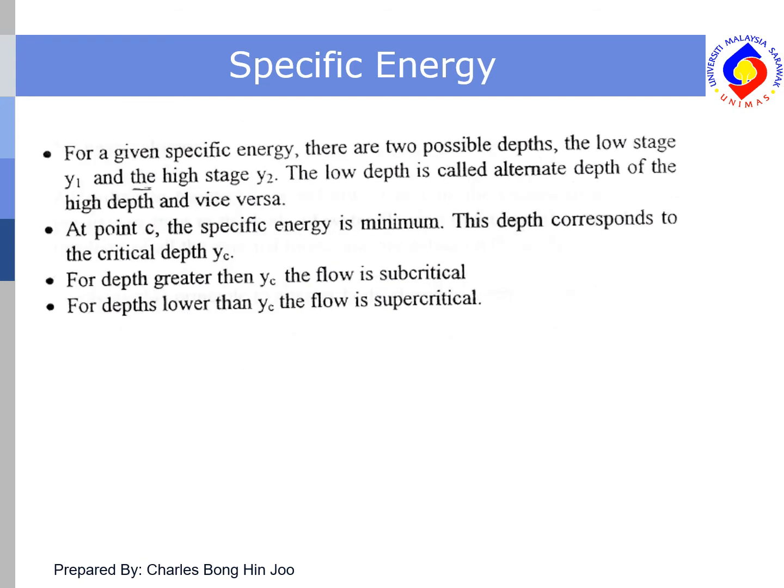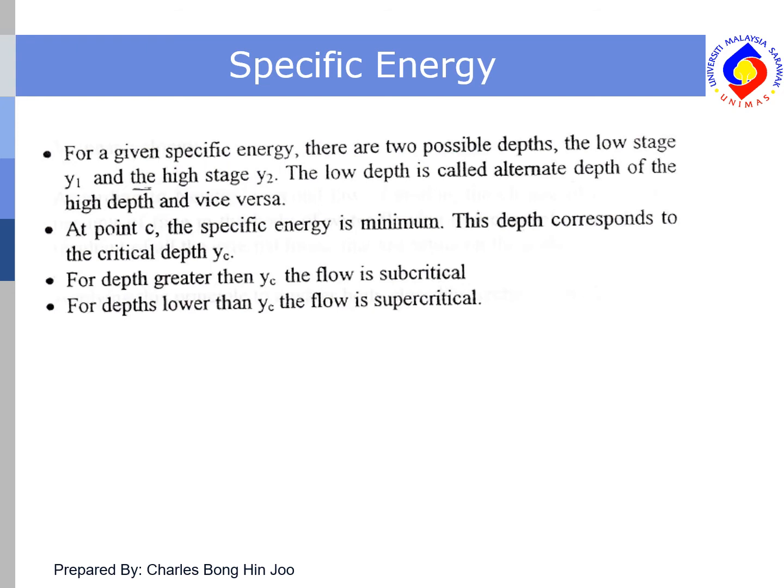What we can deduce from that plot just now is that for a given specific energy, there are two possible depths, namely the low stage y1 and the high stage y2. So the low depth is called the alternate depth of the high depth and vice versa.